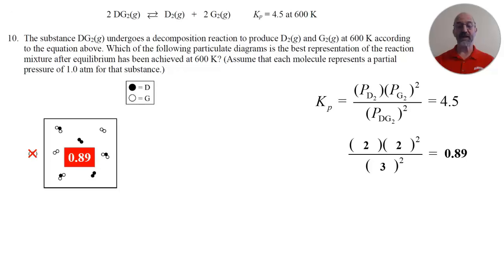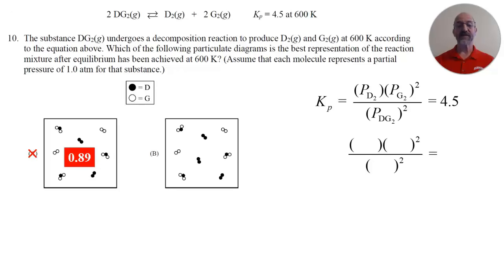Moving on to choice B, similar strategy. The first thing that I notice is that there are 3 particles of substance D2, so that would correspond to a partial pressure of 3 atmospheres. So I put a 3 into my expression. Then I see 2 particles of substance G2, that's a partial pressure of 2 atmospheres for G2, that goes in the numerator.